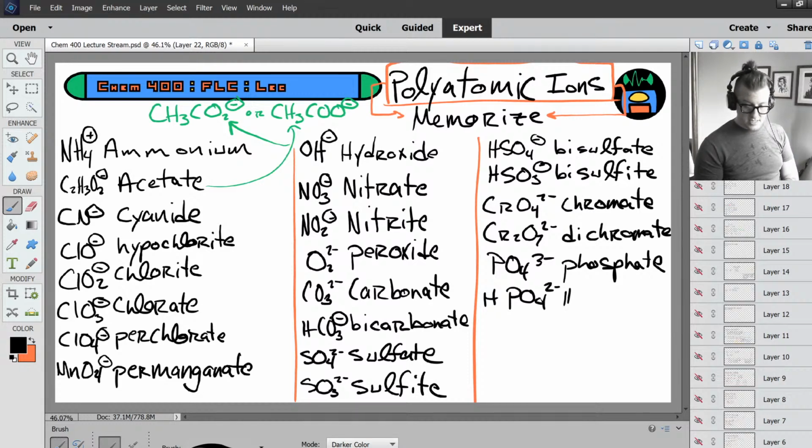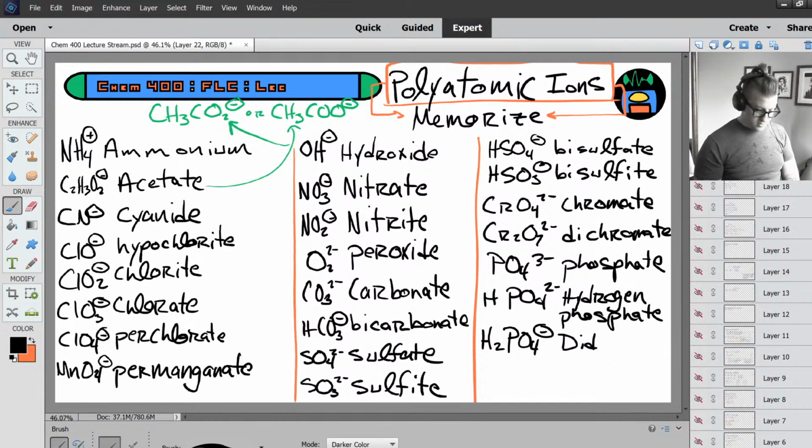This is hydrogen phosphate. It's not biphosphate. This is called hydrogen phosphate, because you can also add a second one. You could do H2PO4 with a negative 1 charge, and this is dihydrogen phosphate.